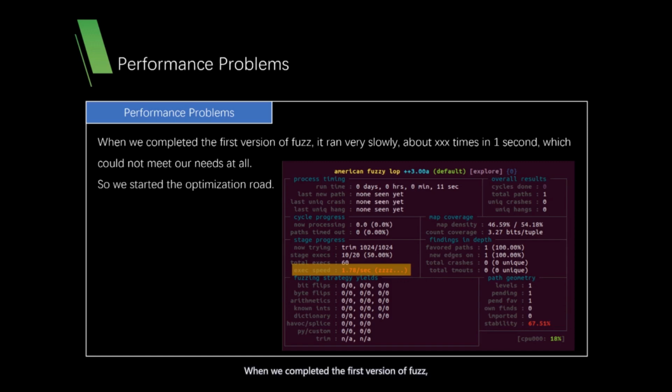When we completed the first version of the fuzzer, it ran very slowly, about 2 executions per second, which couldn't meet our needs at all. So we started the optimization route.